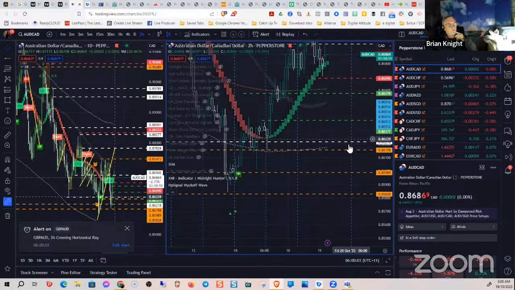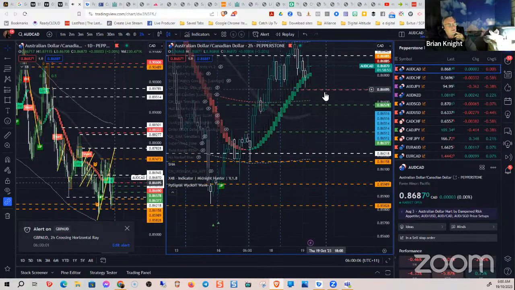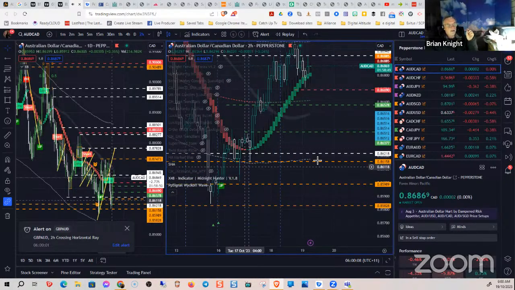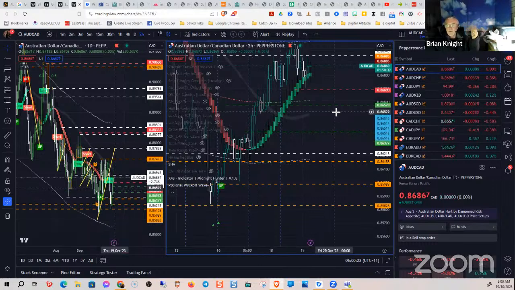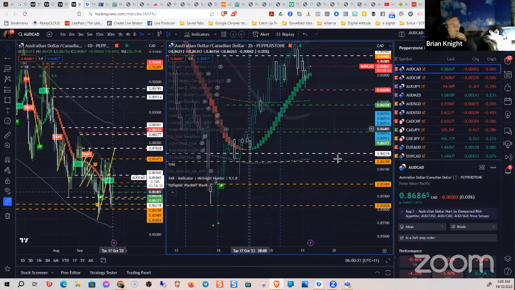But the difference in it, and my stop loss still would have been down here. It would have been tighter, and the lot size would have been more appropriate for it.